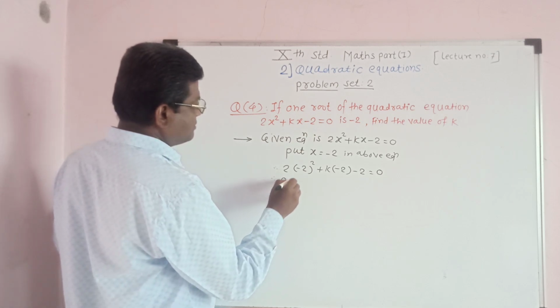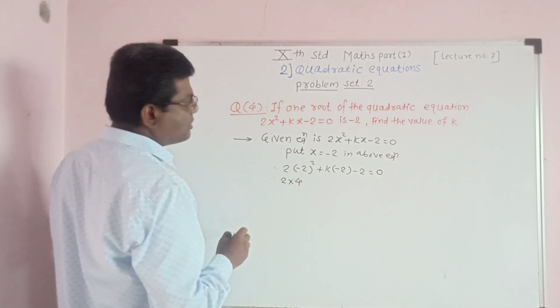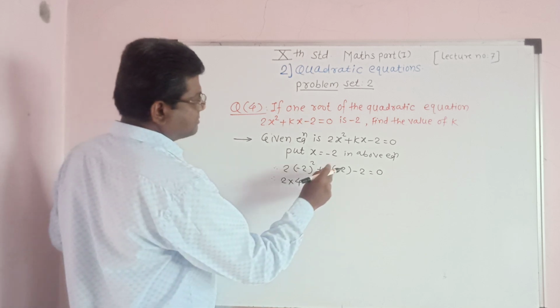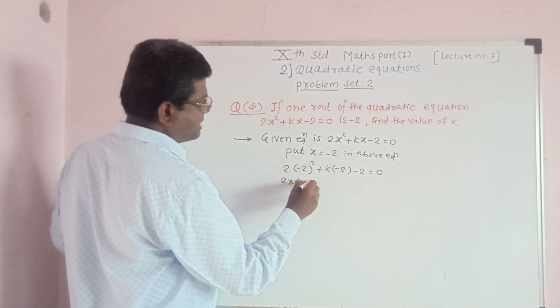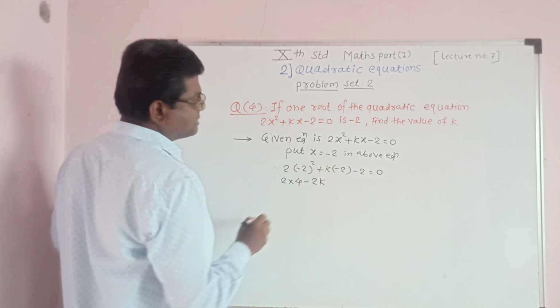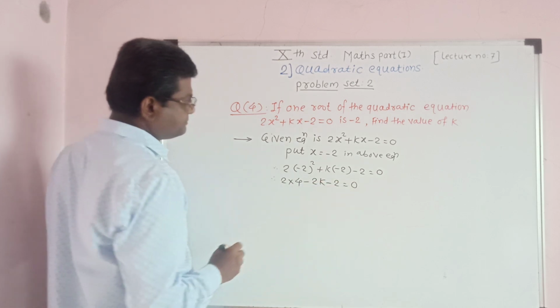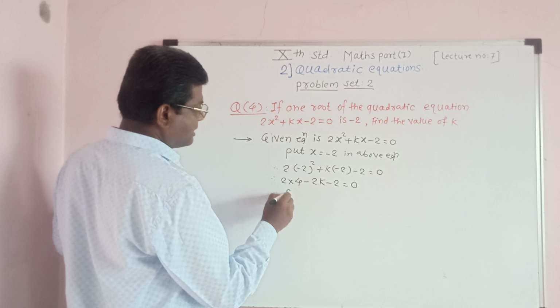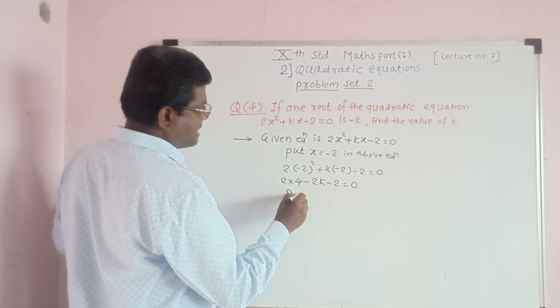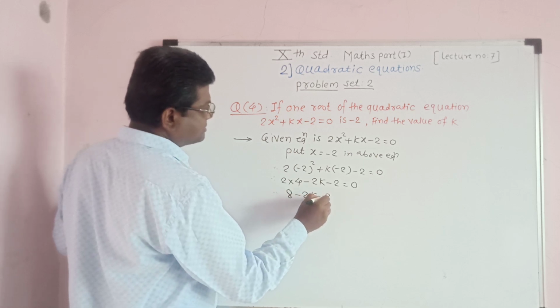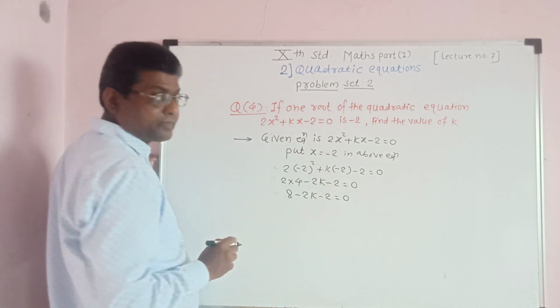Therefore, 2 into minus 2 square is 8. Minus 2 into k, that is minus 2k, minus 2 is equal to 0. Therefore, 8 minus 2k minus 2 is equal to 0.